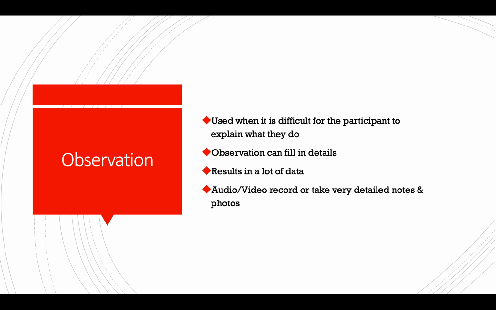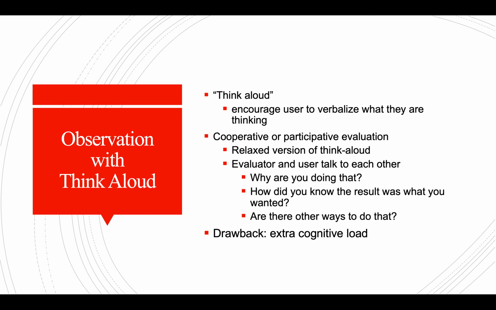So we can fill in those details by doing observation. And this is great. It results in a lot of data because you can take a lot of notes, you can take video, you can take photos, etc. And then you have to actually deal with that data. So that can be a bit of a downside of observation, is figuring out how to deal with all of the data you collect.